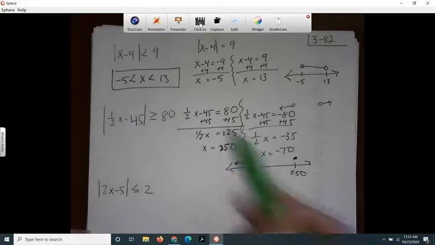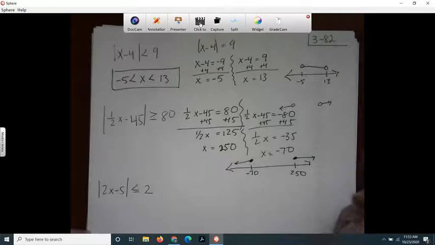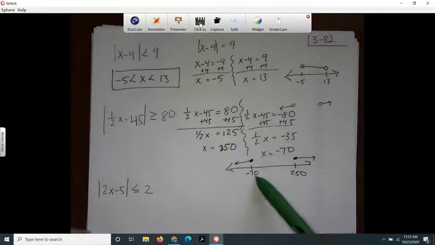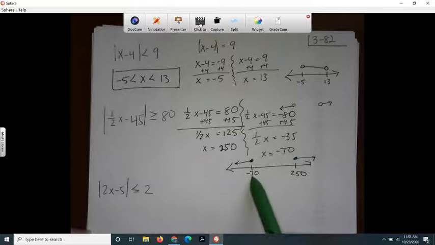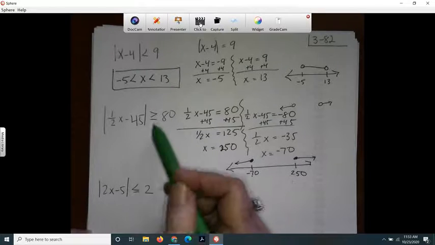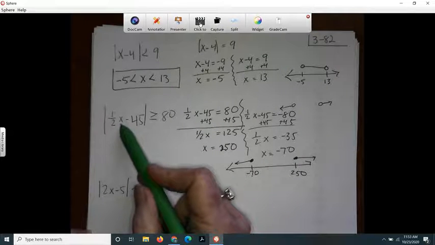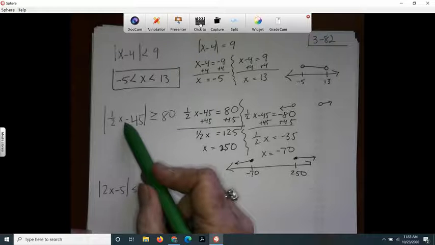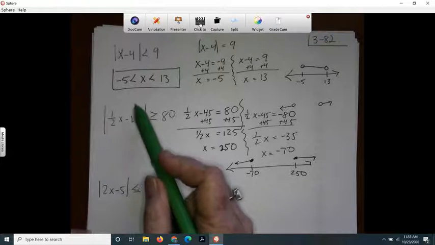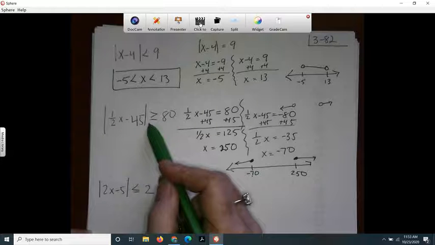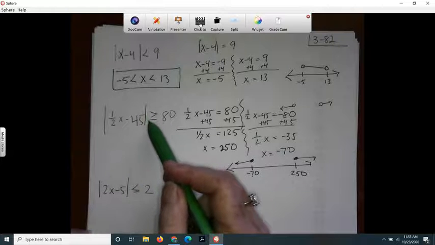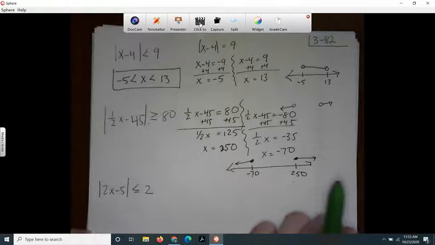So I'm going to test something in between these two, just to make sure that it makes it not true. So I'll test 0, because 0 is in between the negative 70 and 250. So 1/2 times 0 is 0. 0 minus 45, that's negative 45. The absolute value of negative 45 is, oh, wait a second.